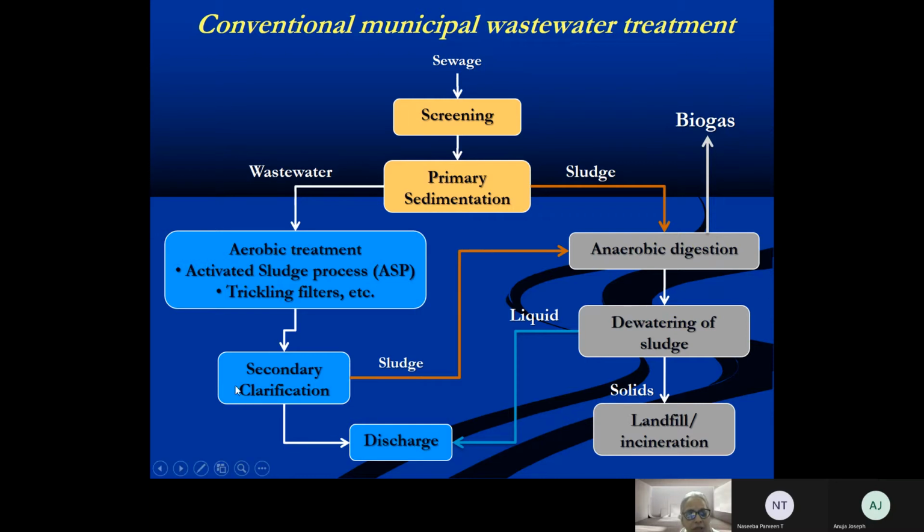So you get sludge from two settling processes. The primary sedimentation tank may have a significant amount of organic material, and the secondary clarifier is completely organic biomass that comes into the anaerobic digester. The clarified liquid or effluent from the secondary clarifier can then be discharged or sent for reuse.